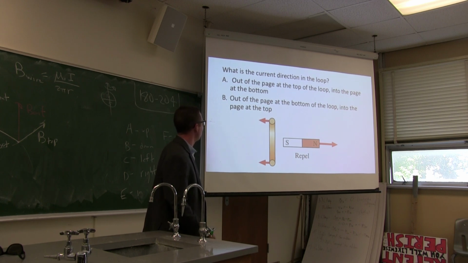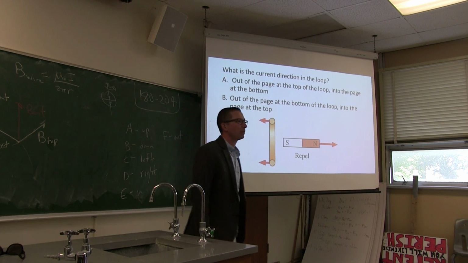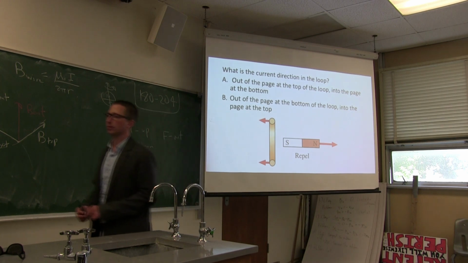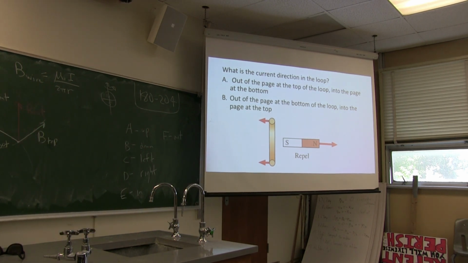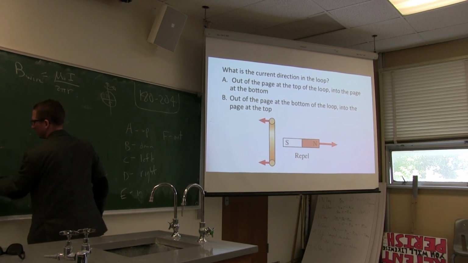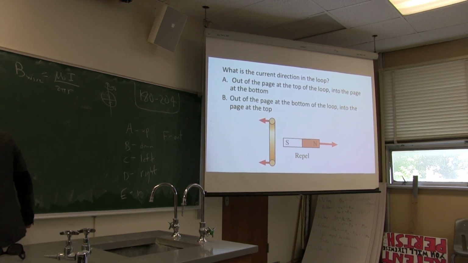So if the magnetic field is pointing that way, put your thumb on that, at the very top it's going to be going in, at the bottom it's going out. Oh, that's what I intended to answer. I just got confused by the lines. If they're coming in, then the south is closer and it's going to get repelled.